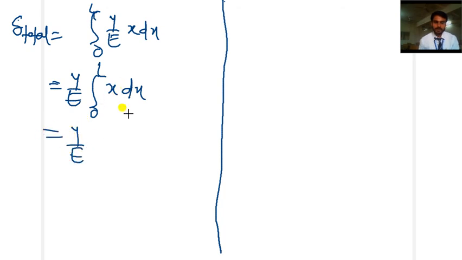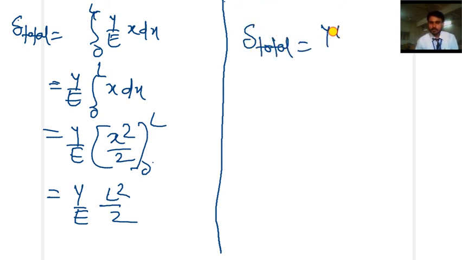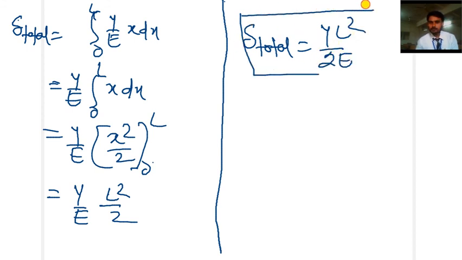Gamma by E, integration of x will be equal to x square by 2 and the limits are 0 to L. If we put the limit, the value will be gamma by E into L square by 2. So the del total will be equal to gamma L square divided by 2E. That is the standard formula for the deformation of a rod due to its self weight. Whether the rod is rectangular or circular or triangular, the formula will be same.